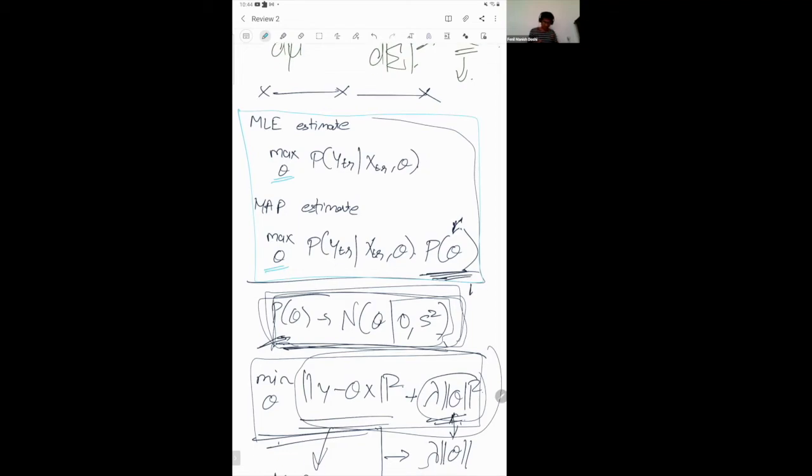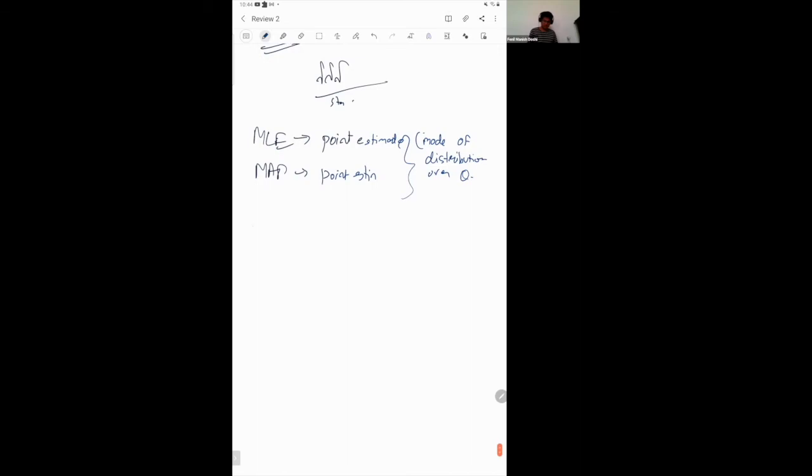That point estimate would be the mode of your distribution over theta. And MLE is just MAP with a uniform prior.